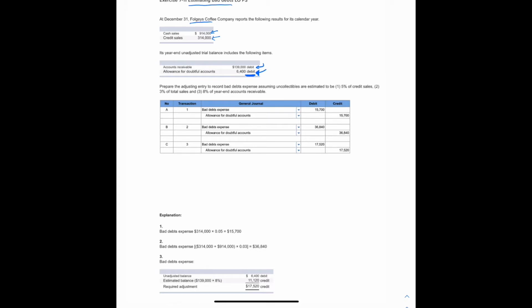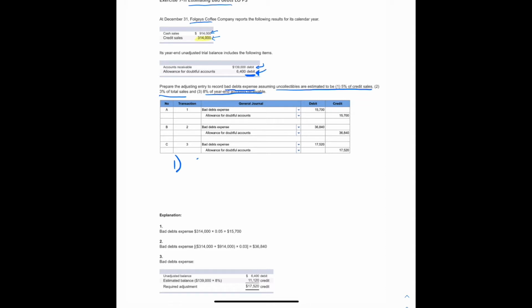So this question asks us to prepare the adjusting entry to record bad debt expense, assuming uncollectibles are estimated to be 5% of credit sales, 3% of total sales, and 8% of year-end accounts receivable. So these first two, they're not going to be too terrible. For the first one, all I've got to do is come up here and I see that my credit sales are $314,000.